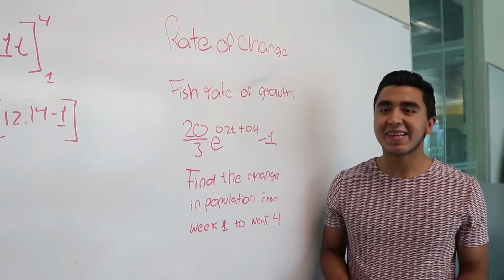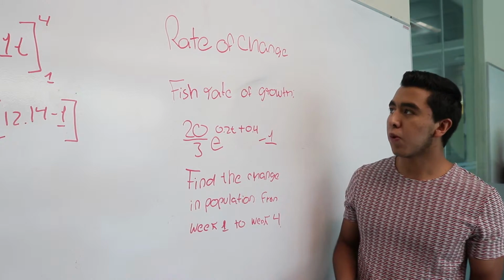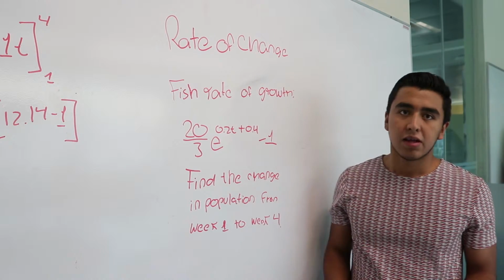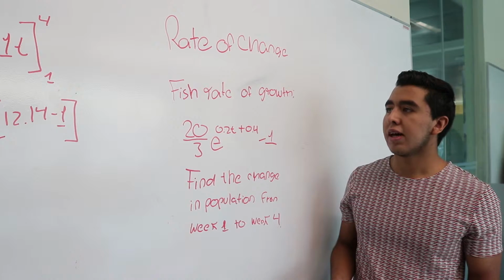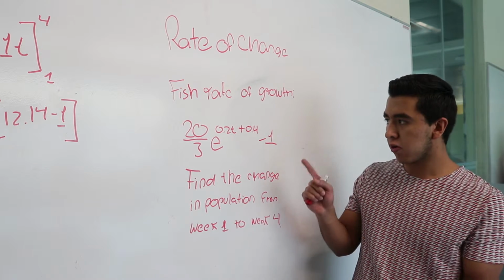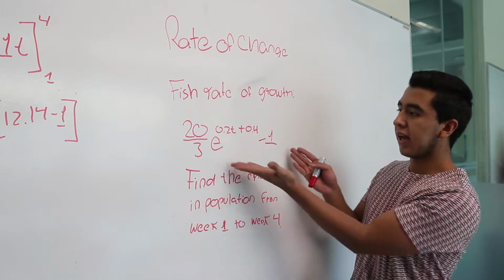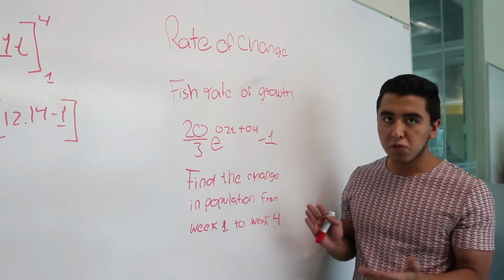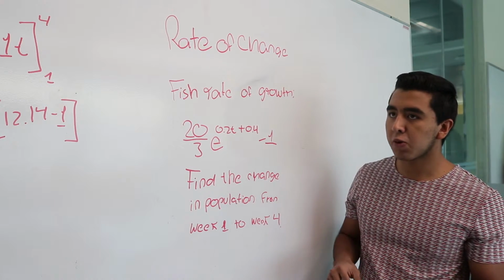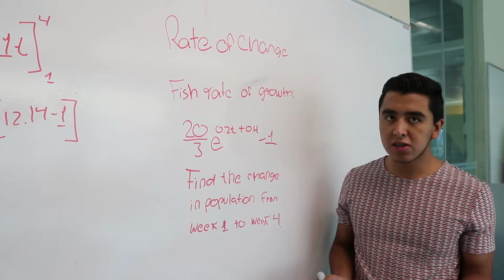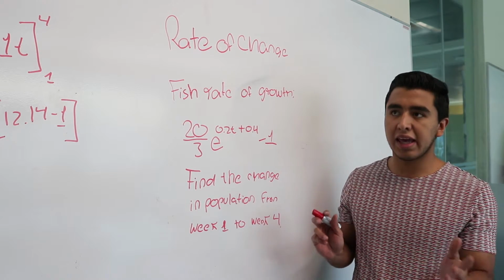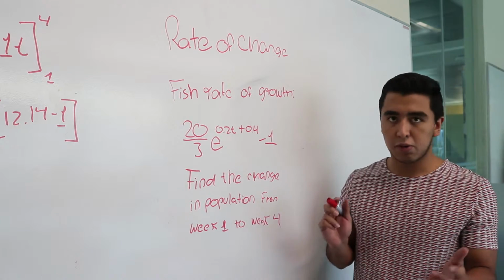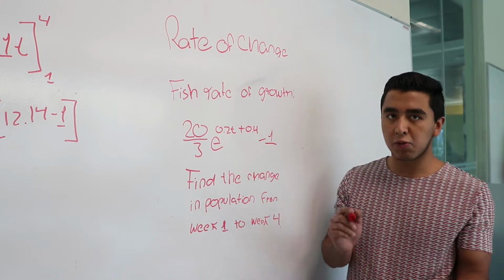Well, the definite integrals also work to solve problems with the rate of change. For example, if we are given a function that means the rate of growth of the fish population, like this one, if we make a definite integral, we will find the change in the population of fish between the given limits, that means the weeks.